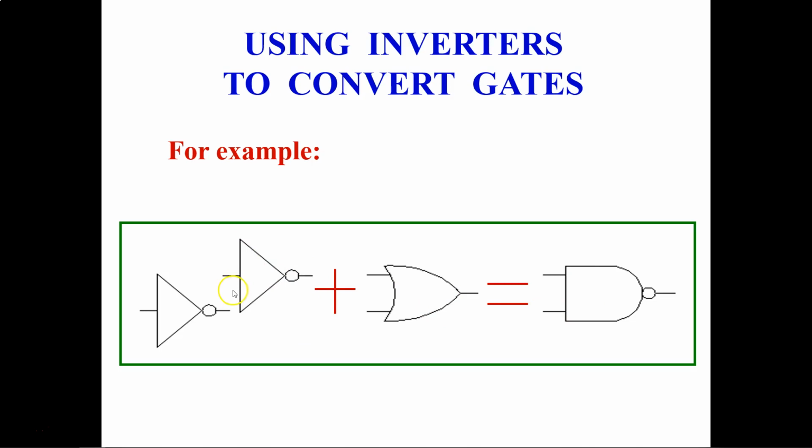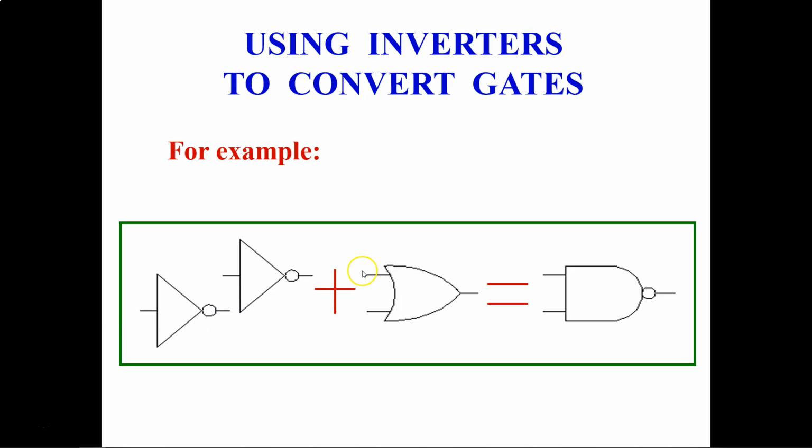So for example, connect this NOT to one of the inputs, and connect another NOT gate to the other input of the OR gate. So if you have A going in, then the output is going to be A bar, and if you have B here, then the output is going to be B bar.